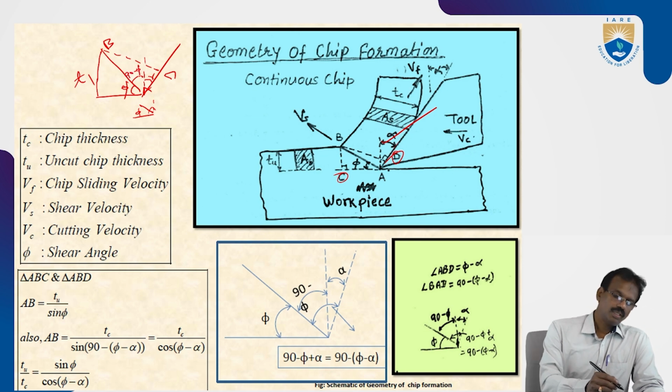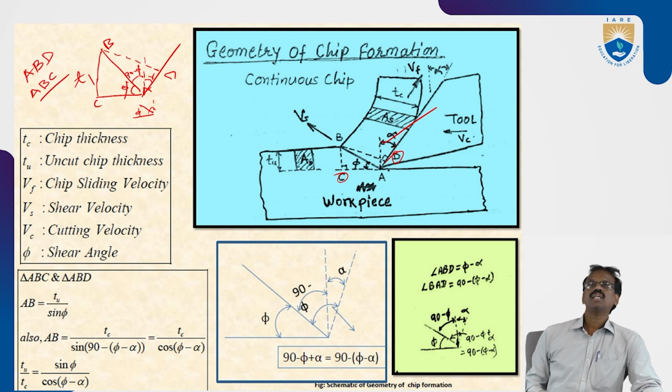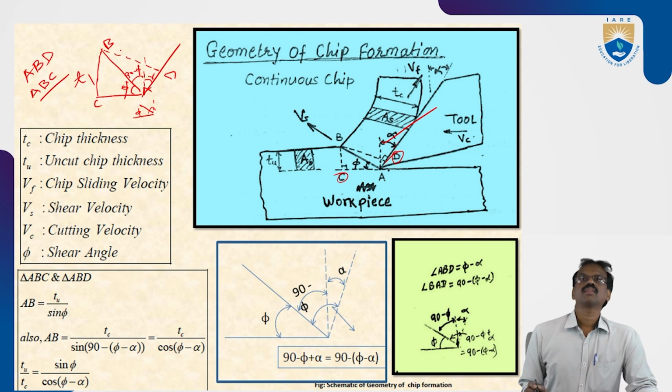So here we have triangle ABD and triangle ABC. There are two triangles, and both triangles have the same hypotenuse, AB.